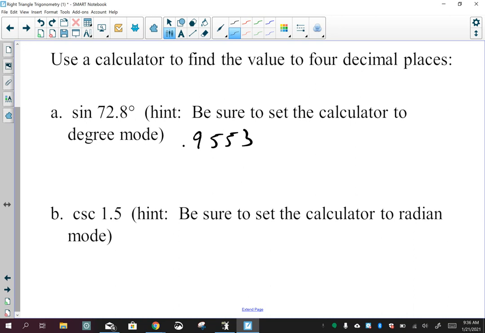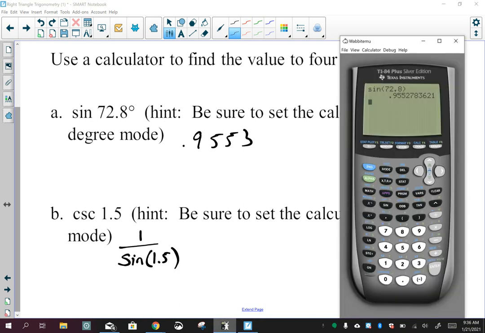Cosecant of 1.5. There's no degree symbol here, so this is radian. You need to remember that cosecant is 1 over sine. So go back to mode, go over to radian this time, and make sure it switches.